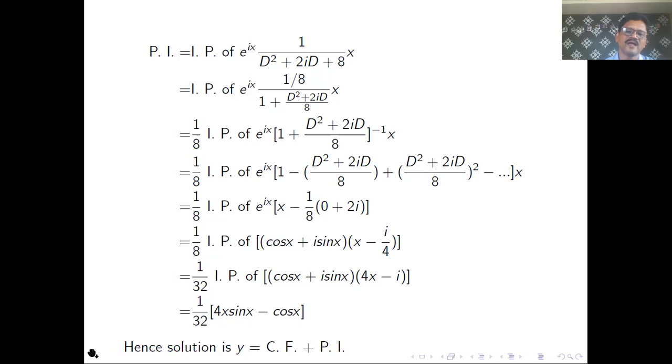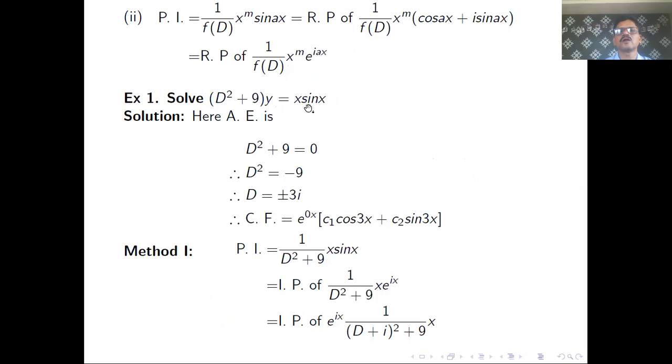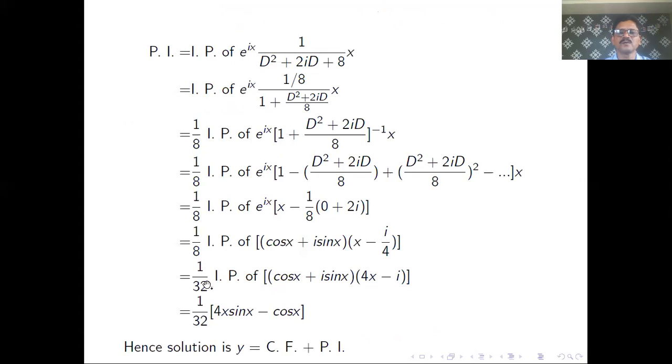And once you know PI, the solution is given as y equal to CF plus PI. So friends, I hope you understand this method. Suppose in this example, instead of the sine function, if it is given a cosine function, then you replace sine by cosine. The rest remains the same. Only instead of I you take R, meaning the real part, and in that case, up to the second last step you will get the same solution, with no change.